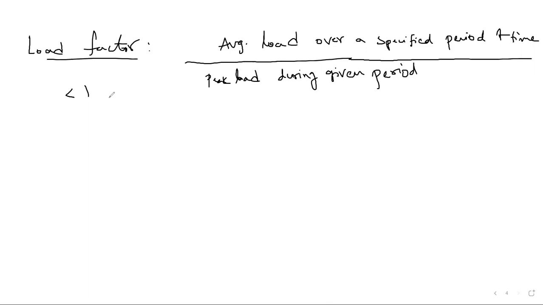But this load factor again should be the same from the load duration curve or from your characteristics of the load condition. We can calculate this load factor either on a daily basis, a monthly basis, or an annual basis. Any one category we can calculate, either daily or monthly or annual basis.